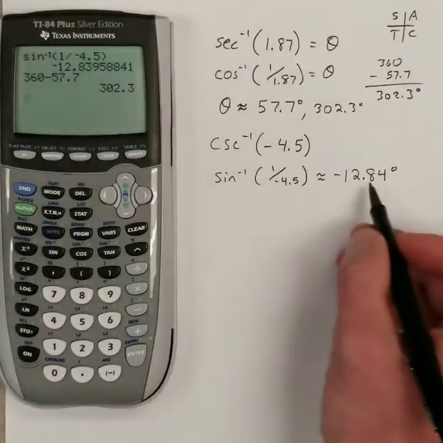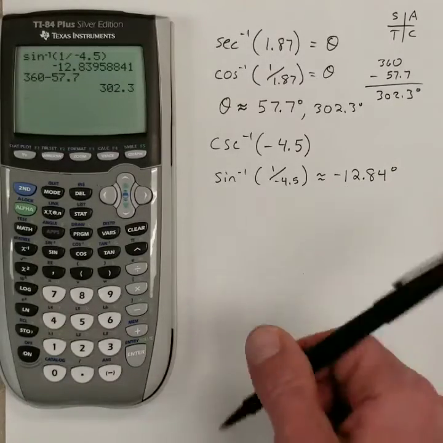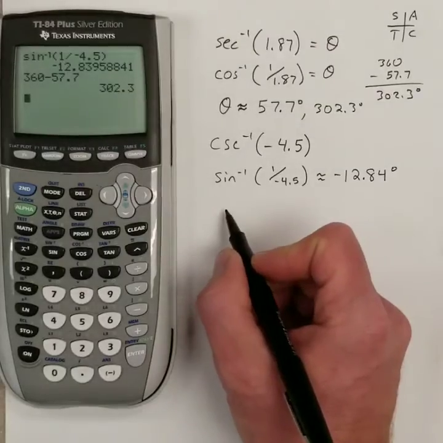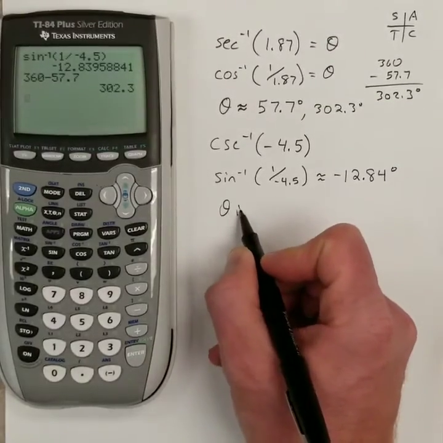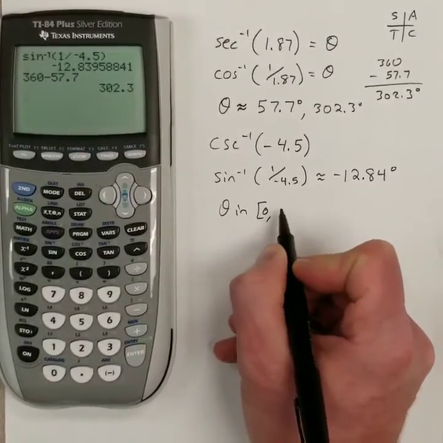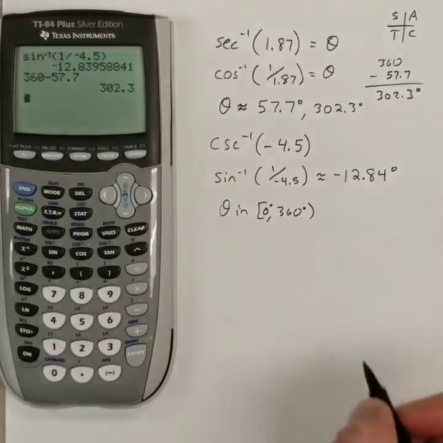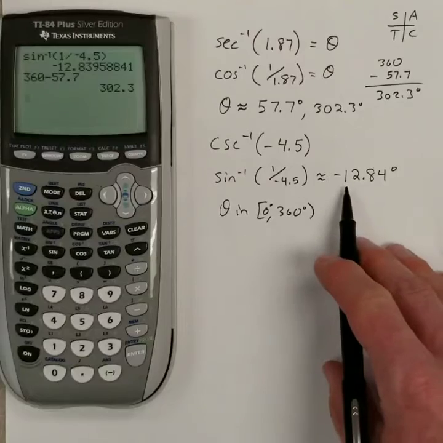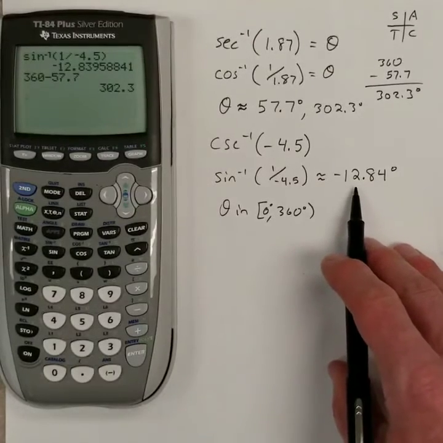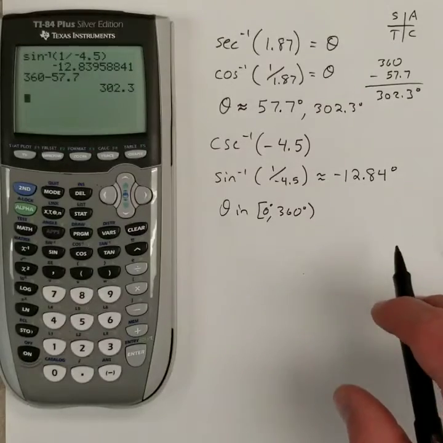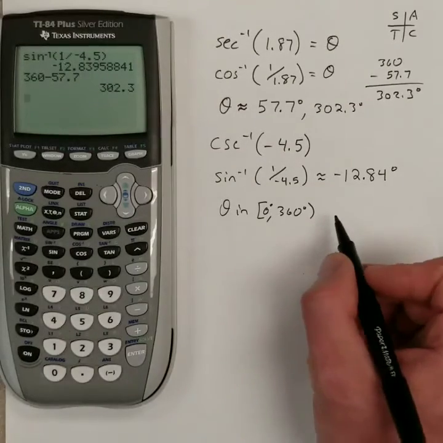In this other example, the later one, negative 12.84 is not in the interval from 0 to 360, but generally we want our angles to be in that interval. And so I might convert that. Now, a negative 12 degree angle, if you add 360, you're going to get a fourth quadrant angle.